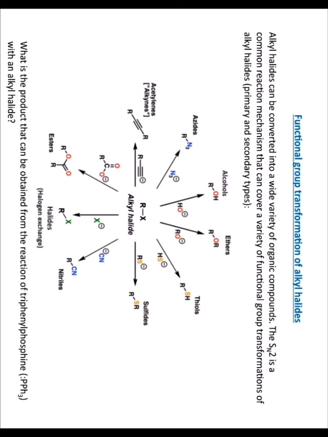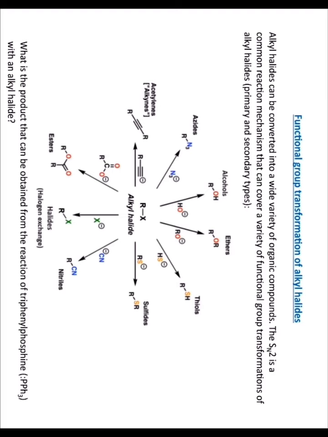Functional group transformation of alkyl halide. Alkyl halide can convert into a wide variety of organic compounds, مثل ما سولفنا بال preparation or as well the reaction of alkyl halide. Alkyl halide can be converted to many other compounds. We spoke about the functional group in the first lecture. We said the functional group is the most reactive site in the molecule.